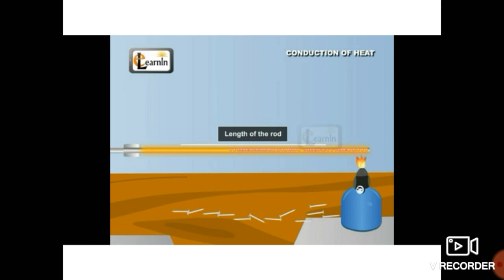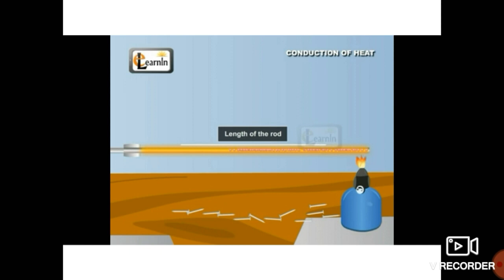From the first end where the heat is provided to the other end, throughout the length of the rod, these molecules absorb heat, vibrate, and then transfer that heat to the next neighboring molecules, which also vibrate, and so on.